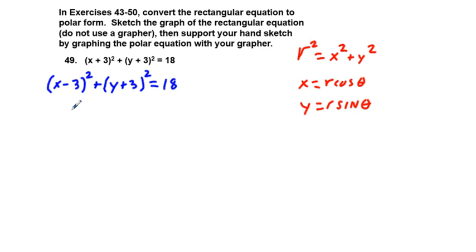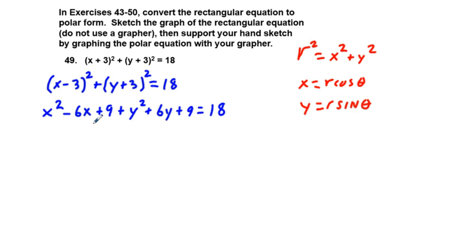And expanding out, we're going to get x squared minus 6x plus 9 plus, and so that takes care of this expansion of this quantity x minus 3 squared, and this quantity y plus 3 squared is going to be y squared plus 6y, and it's going to be plus 9 is equal to 18.